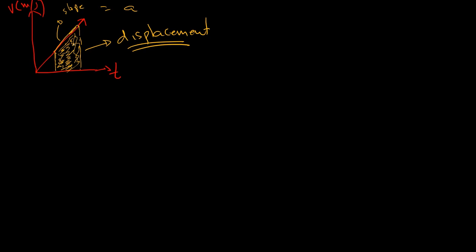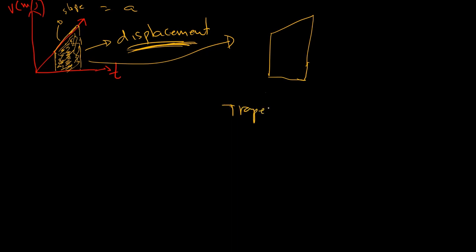So the information that can be taken from the shaded area here is the displacement of our moving object. And if we magnify this shape here, we can say that this is a trapezoid.